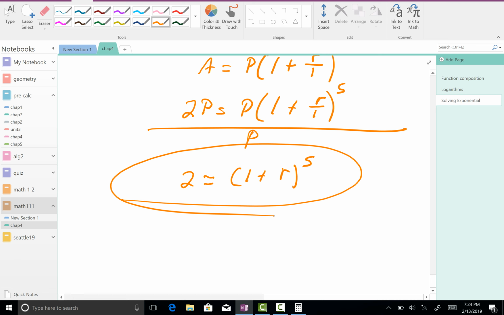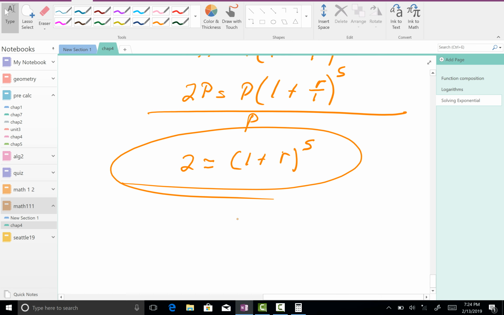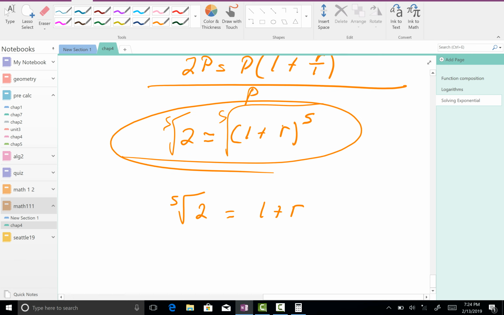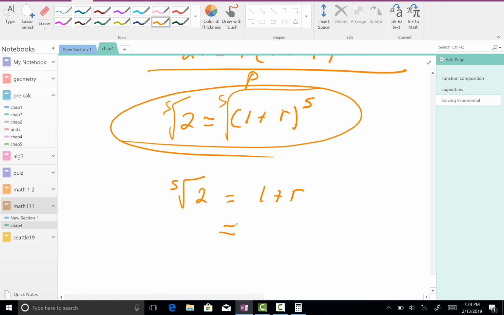Okay. So you say, well, how do we fix that up? Well, we could just take the fifth root. So we'd have the fifth root of 2 is equal to 1 plus r, and then just use decimals or whatever to find the fifth root of 2. Subtract your 1, and that would tell you your rate. Okay? But the rule of 72 works pretty well to find out how long it takes for something to double.